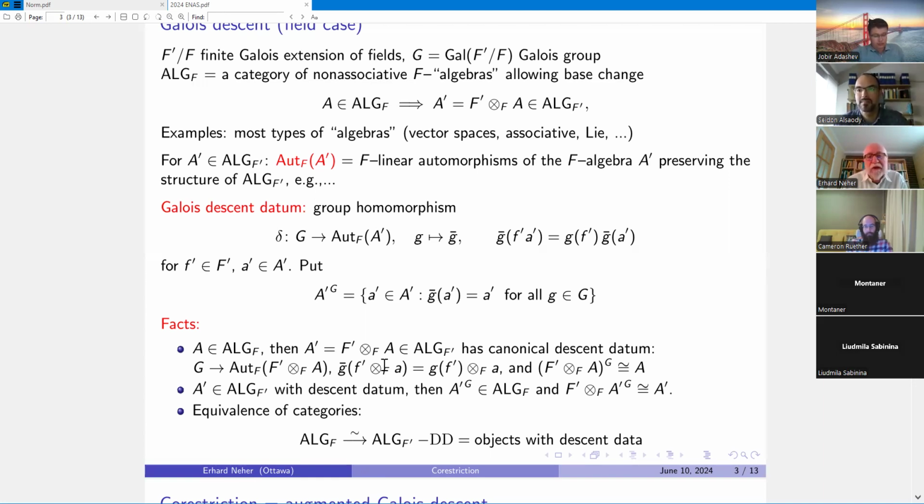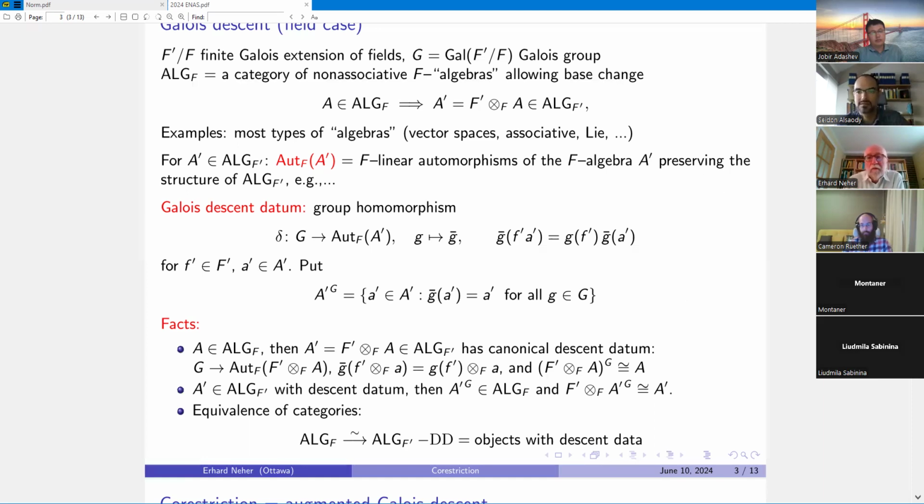This is very recent. They have a setup where they have a generalization of the Brauer group. It becomes then a Brauer monoid. I haven't looked at it in precise detail, but I think the corestriction will work in their setting. It will give you a homomorphism from the Brauer monoid over F prime to the Brauer monoid of F.